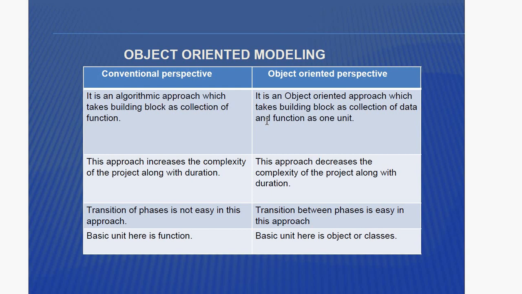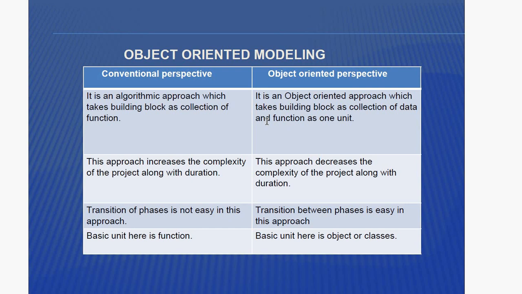When we talk about the object-oriented perspective, here the building blocks were data and function as one unit, and not just the functions. Earlier in conventional perspective, the approach increased the complexity of the project along with the duration. But in the object-oriented perspective, definitely the complexity was reduced. The project duration was also reduced.